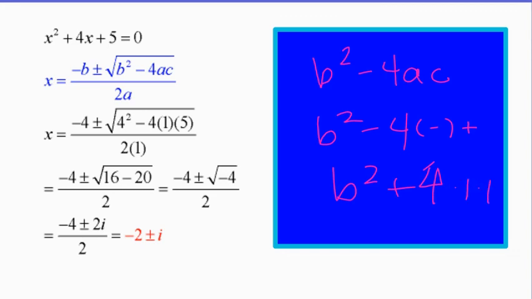I just made up some numbers. A lot of people get mixed up with this. So as you're typing these in your calculator, make sure that you are using parentheses appropriately, because you need to make sure that you are adding, because two negatives make a positive, and you will get the wrong answer if you're not careful.